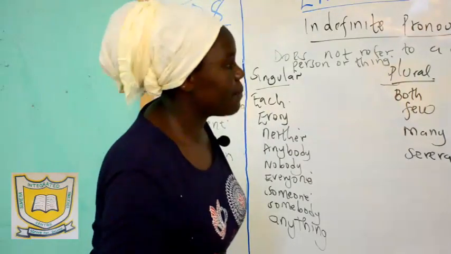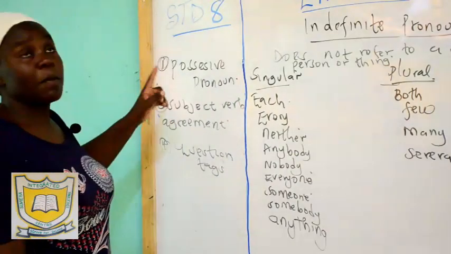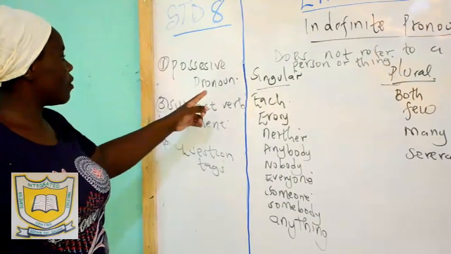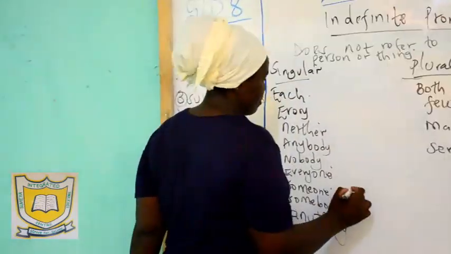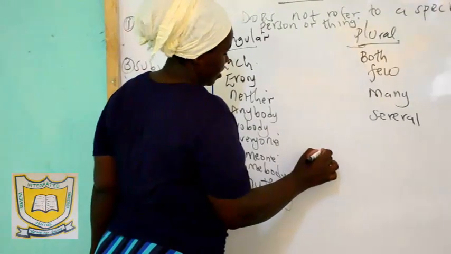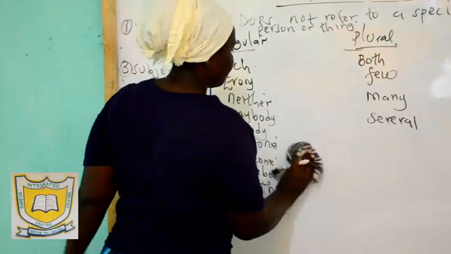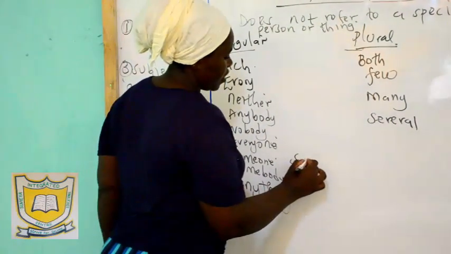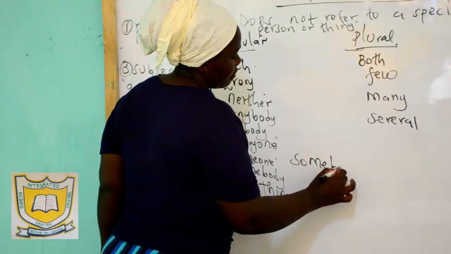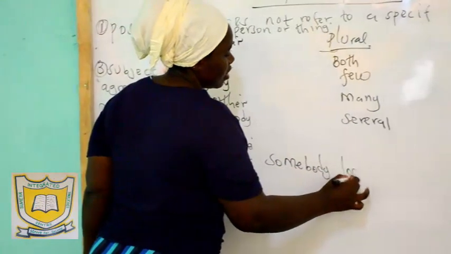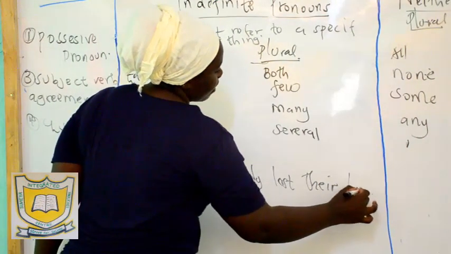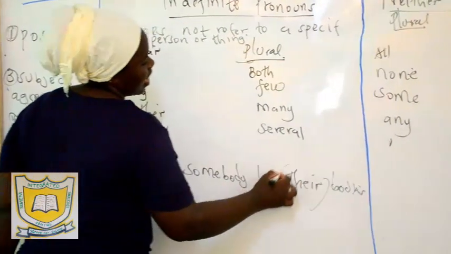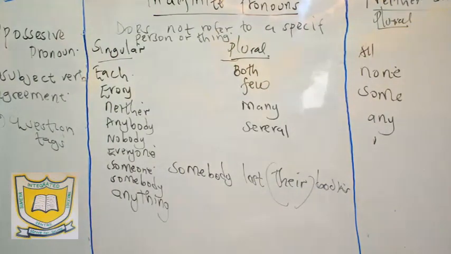So look, for example, in a sentence: somebody lost their books. There, the possessive pronoun is plural.